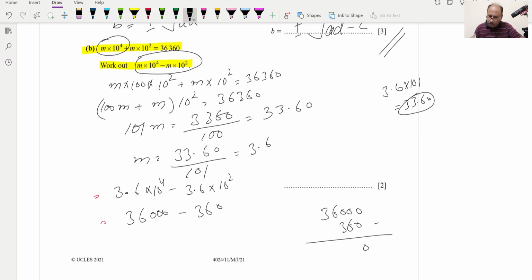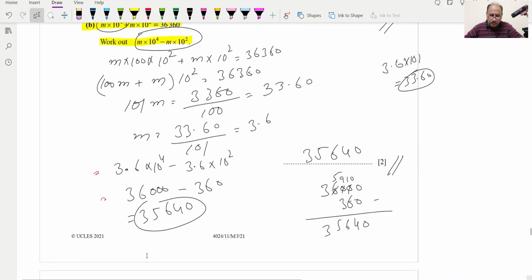So this will be 0, then 10 minus 6 will be 4, 9 minus 3 will be 6, then it will be 5 and 3, so this is equal to 35640, and this will be our answer, 35640. A 2-mark question. Hopefully you got this.